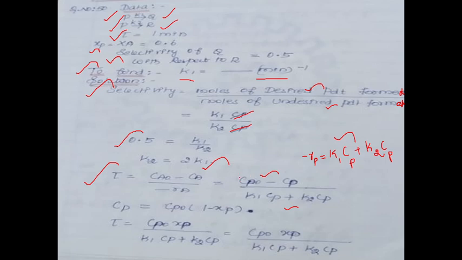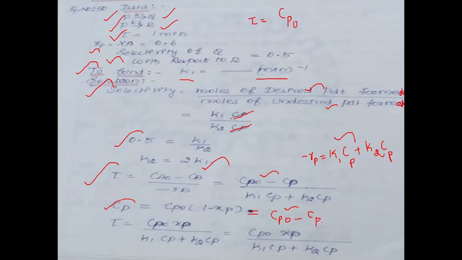So the numerator part is Cp0 minus Cp. Here, what is the Cp value? Cp is equal to Cp naught into 1 minus Xp. So multiply with the Cp naught, Cp naught into 1 is Cp naught, minus Cp naught into Xp.